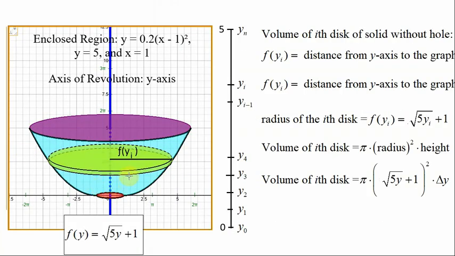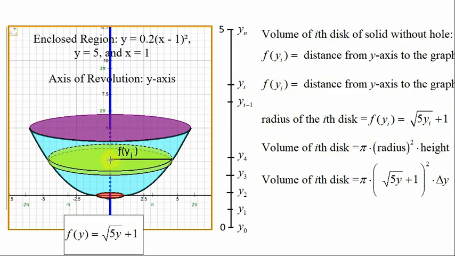And now let's find the volume of this ith disk right here. This ith disk comes from this ith interval right here. The value right here would be y sub i minus 1, and right here would be y sub i. So right here on the y-axis, at the center of the disk, the disk would intersect the y-axis at y sub i.